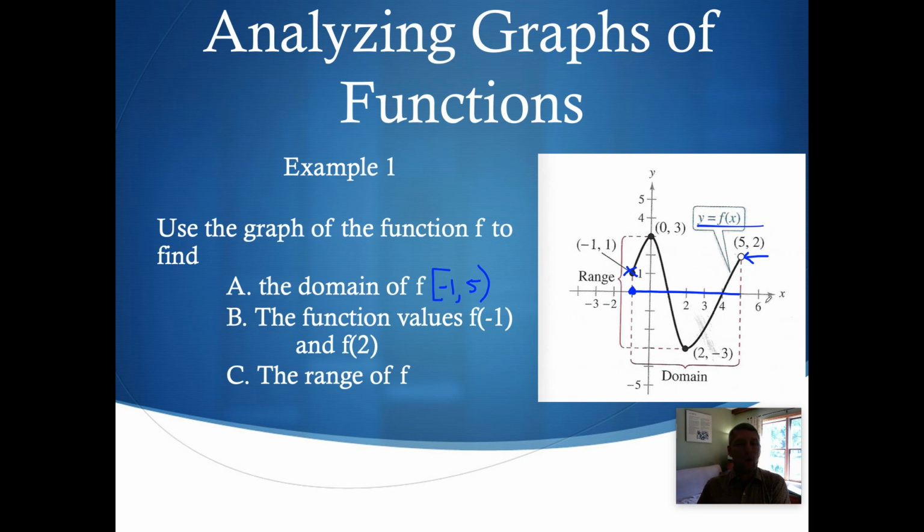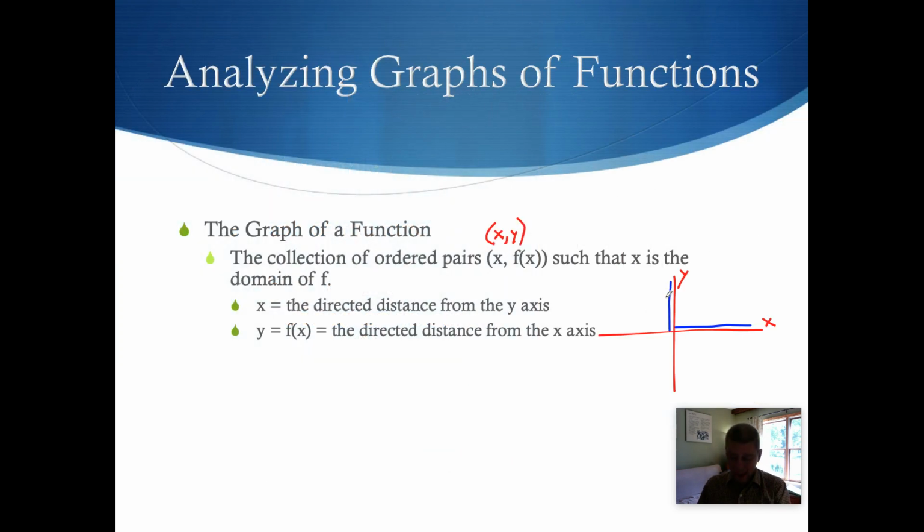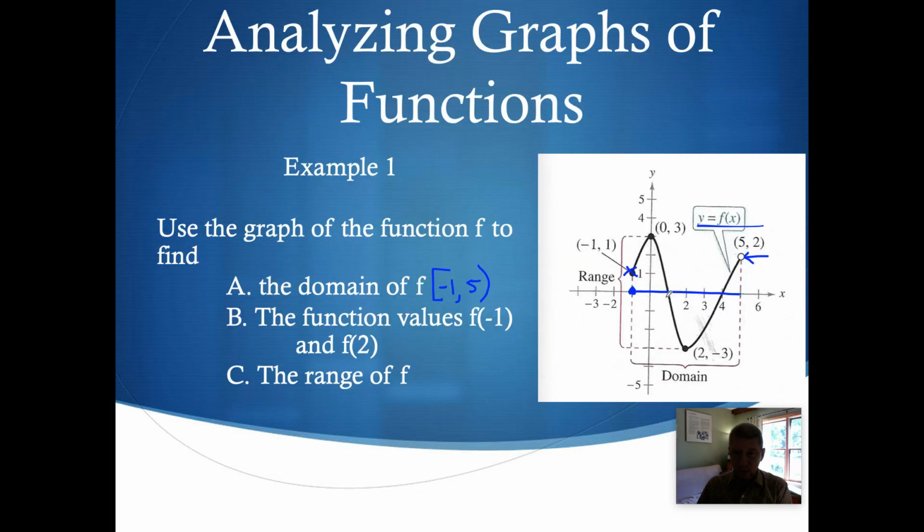Now, what are the function values of f of negative 1 and f of 2? Well, if x is equal to negative 1, then y is equal to 1. Okay, so f of negative 1 equals 1.